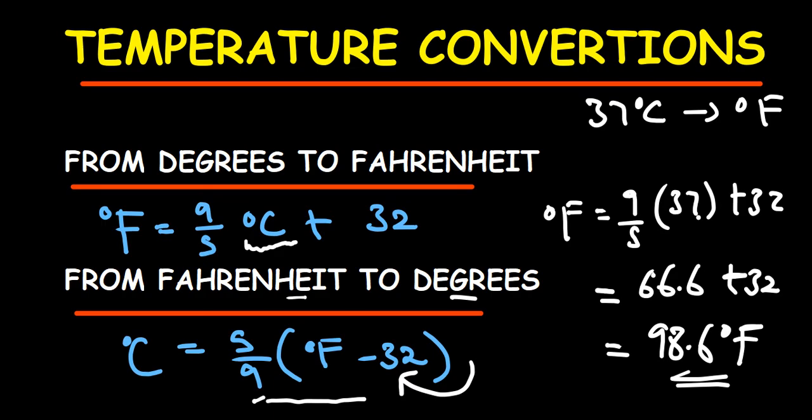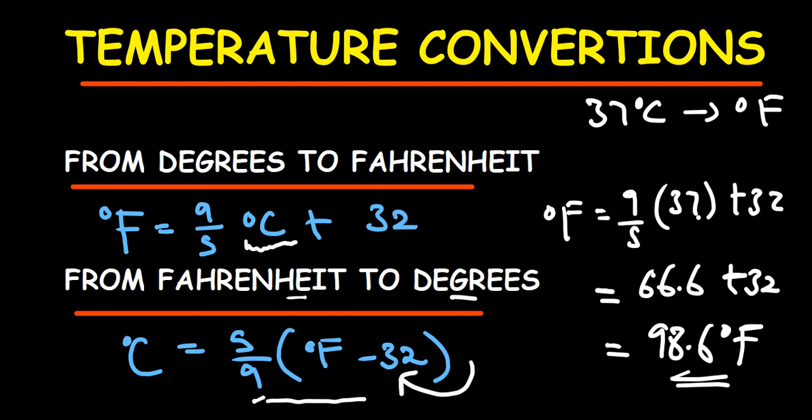So it's just about knowing how to use these formulas correctly. I've given you the formulas and I've shown you some examples. Some might ask, what if you are given a temperature in Fahrenheit and you are asked to convert to kelvins? You first use what you know.